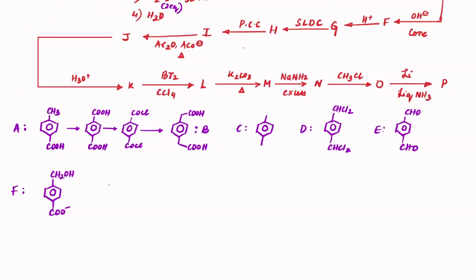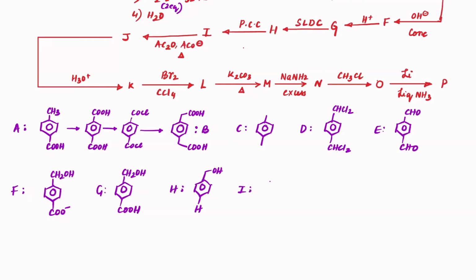So one will convert into an alcohol, the other one will convert into an acid form. So this is F. And after hydrolysis, that will convert into COOH. This is G. Then we are performing soda lime decarboxylation. So this CH2OH will remain, and here you will get this as H. So benzyl alcohol you will get.